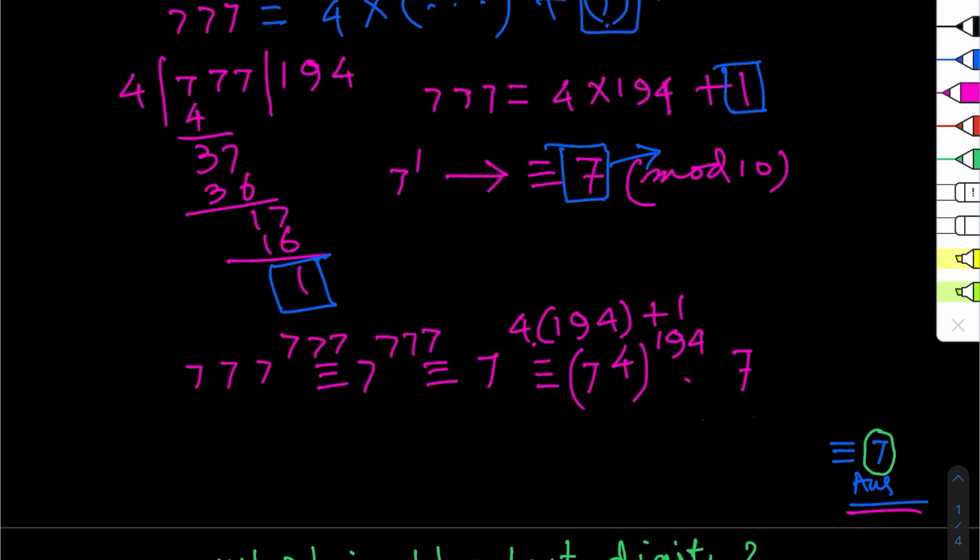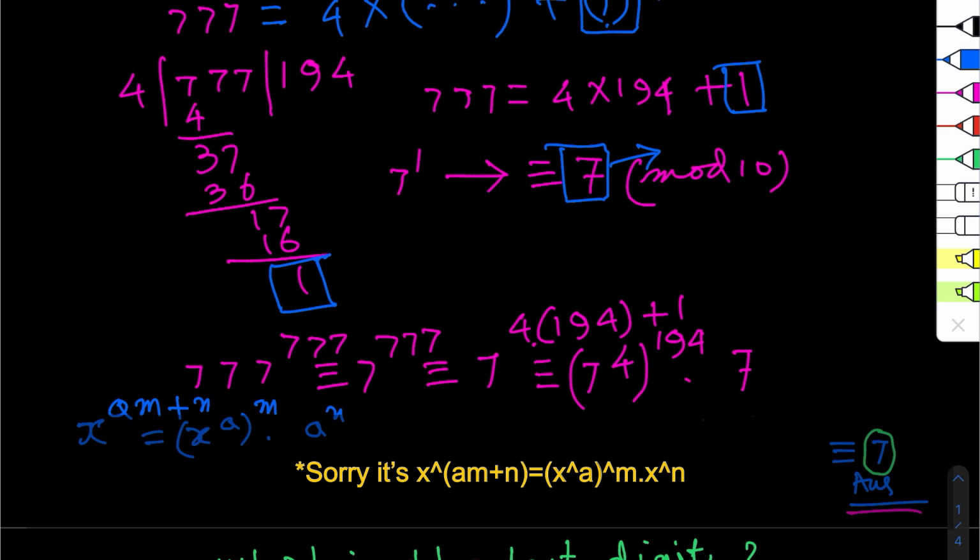How? It may be written in this way. We know x to the power (a into m plus n) we can write as (x to the power a) whole to the power m, into x to the power n.